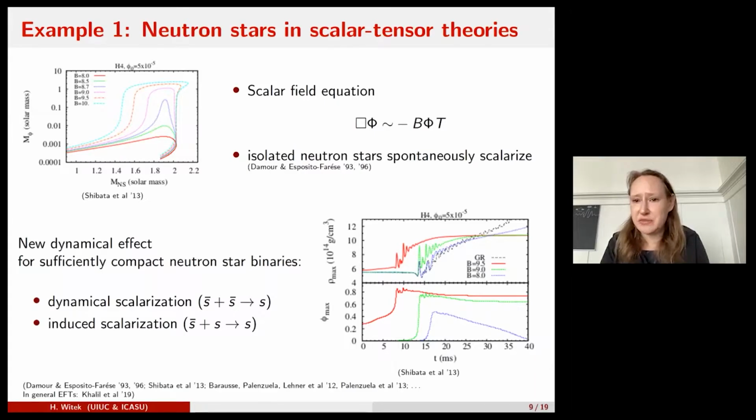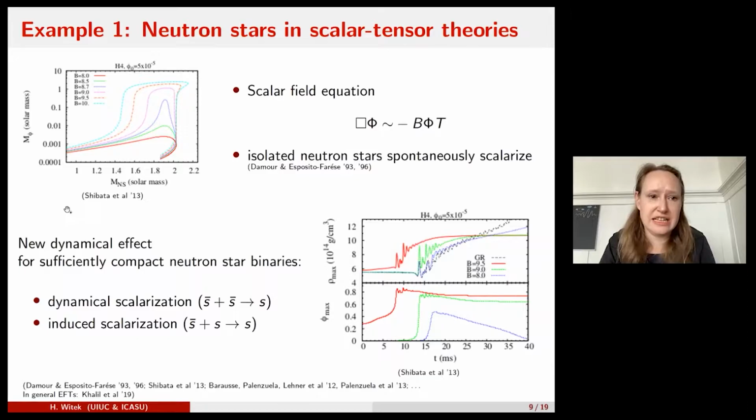And if that effective mass squared becomes negative, then a tachyonic instability is triggered, and your neutron stars can what we call spontaneously scalarize. The scalar field will be spontaneously excited once this effective mass becomes negative.